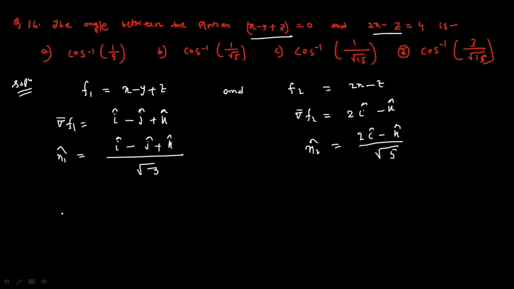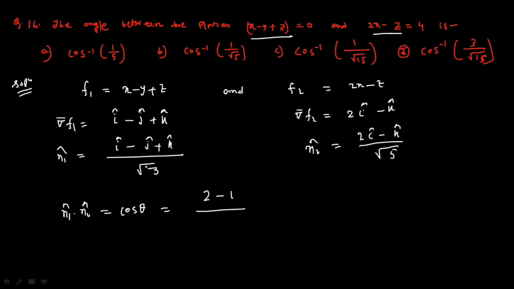Now if you take the dot product between these two vectors, that is cos theta. i dot i is equal to 1, and k dot k is also 1, so it will be 2 minus 1, and j with j is 0.